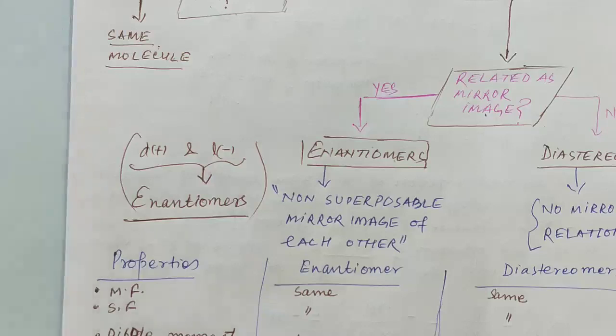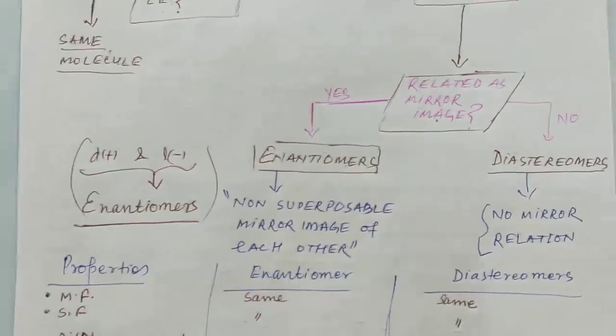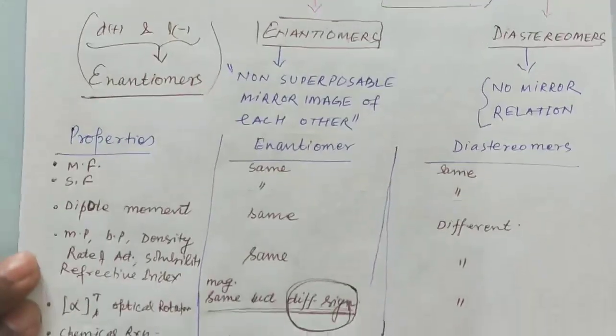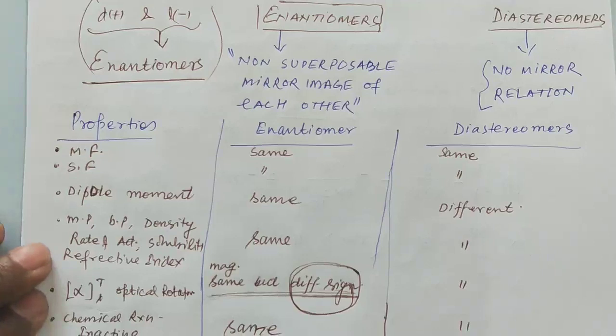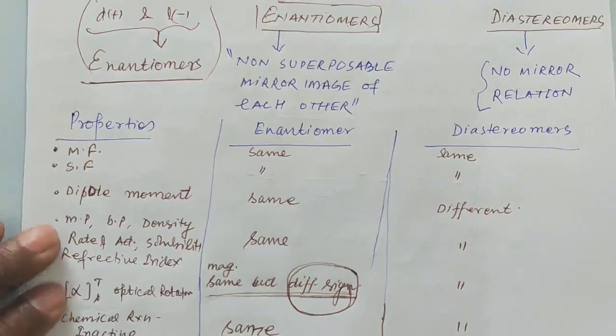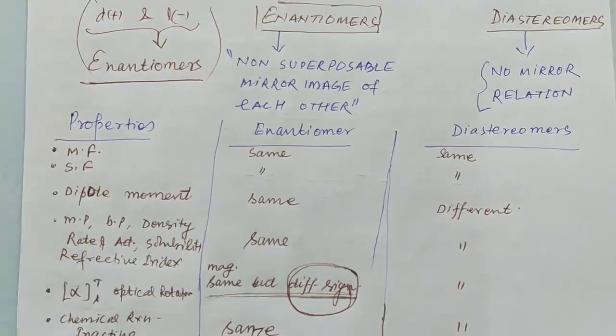So we have discussed till this clip what is optical activity, what is the cause of optical activity, what is specific rotation, what are enantiomers, what are diastereomers, what are chiral molecules. Now in the next clip we will discuss optically active compounds, their classification, how they are classified and how you identify them.